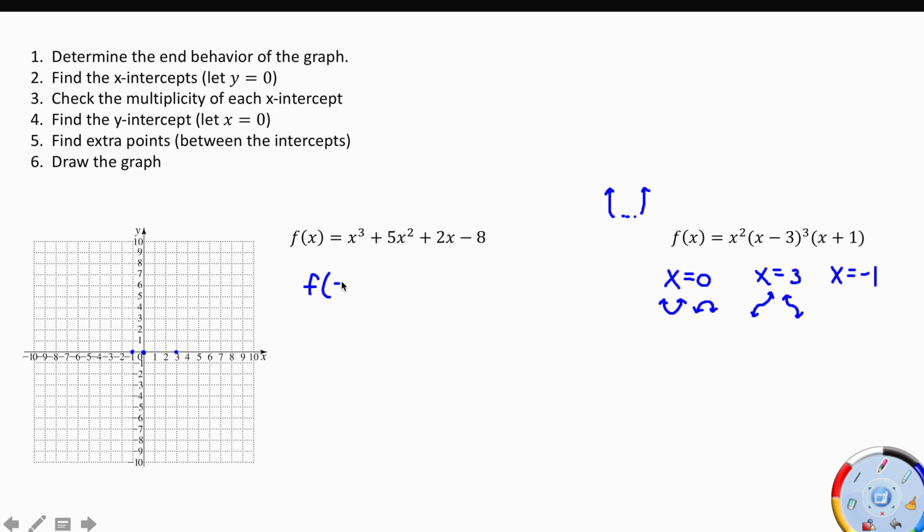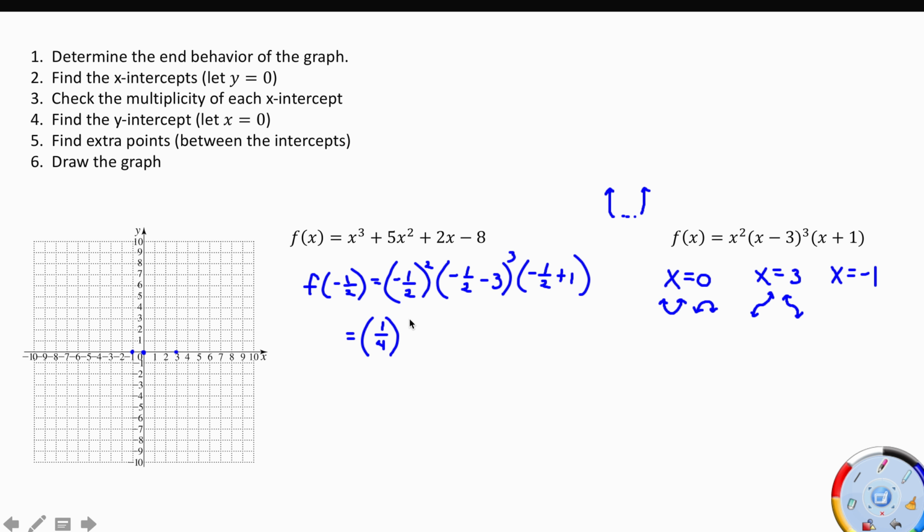So f of -1/2 is plugging into my function, -1/2 squared, negative 1/2 minus 3 cubed, and negative 1/2 plus 1. So that's going to be positive 1/4.